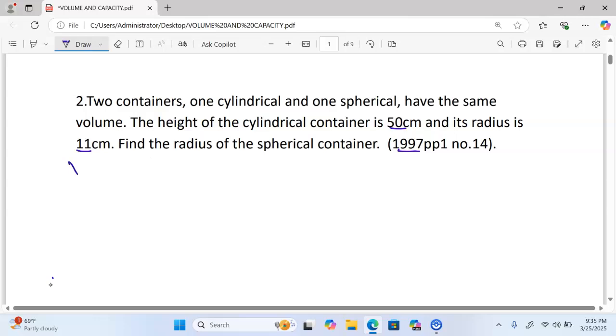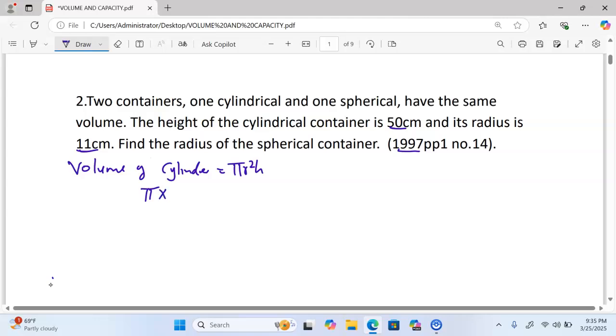The first thing we are going to calculate is the volume of the cylinder. The volume of a cylinder is given by the formula pi r squared h. We have been given the radius as 11 and the height as 50, and therefore we can even maintain pi in our working.